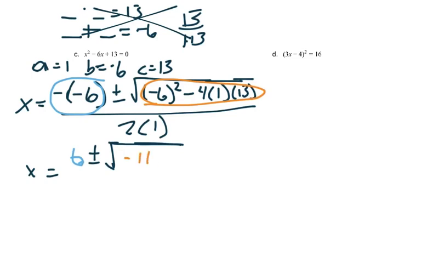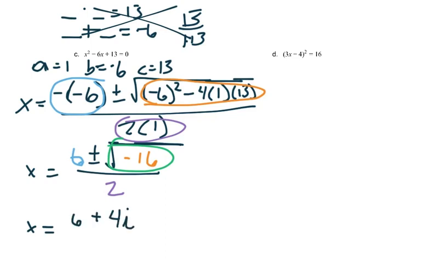It gives me negative 16, all over. And this right here is my third piece. 2 times 1 is 2. Well, negative 16, the square root of that is 4i. So we'd have x equals 6 plus 4i over 2, plus or minus 4i over 2.